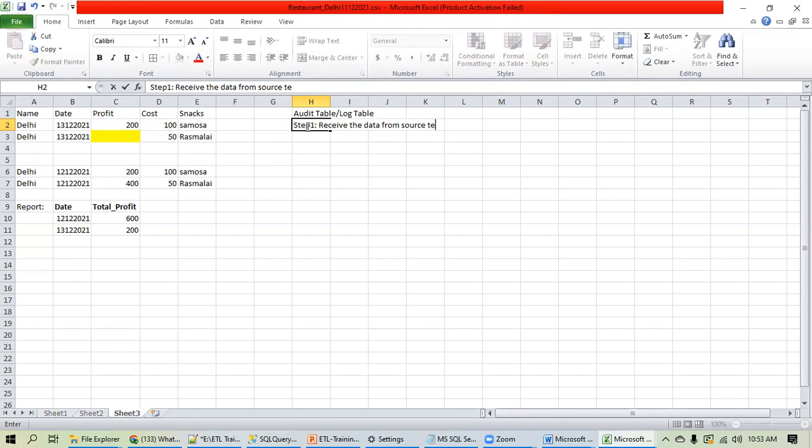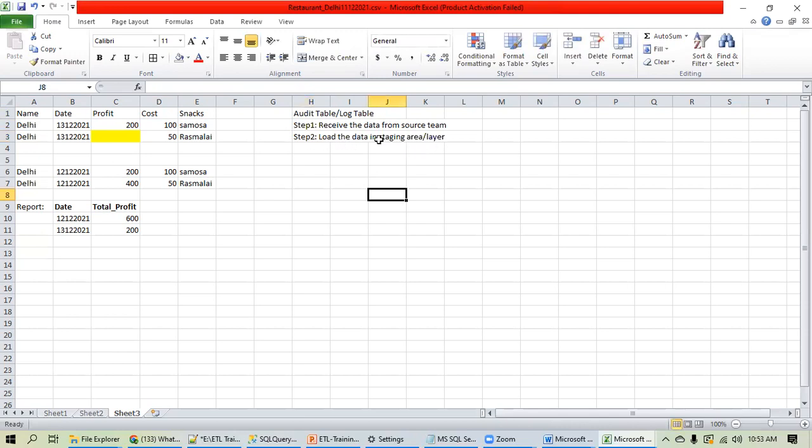First of all, the source team will send you data. Step two, what will you do? You will load the data in a staging area. What is staging? I will teach you.